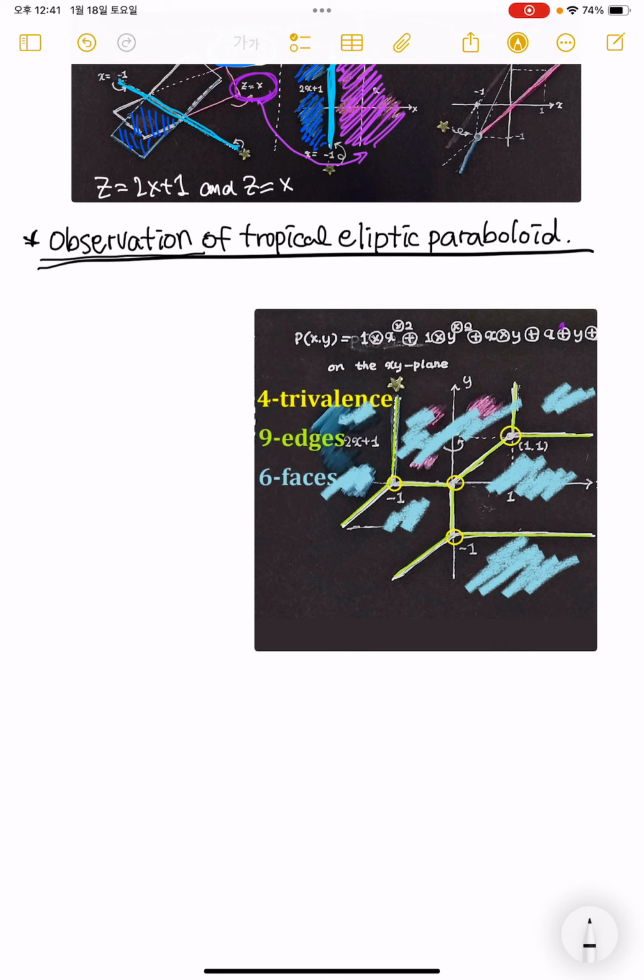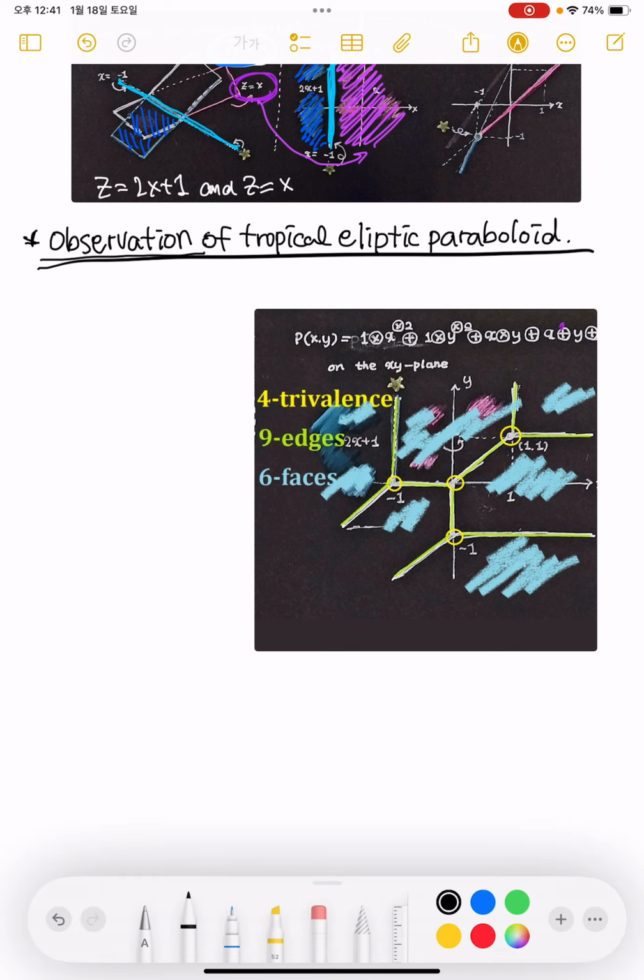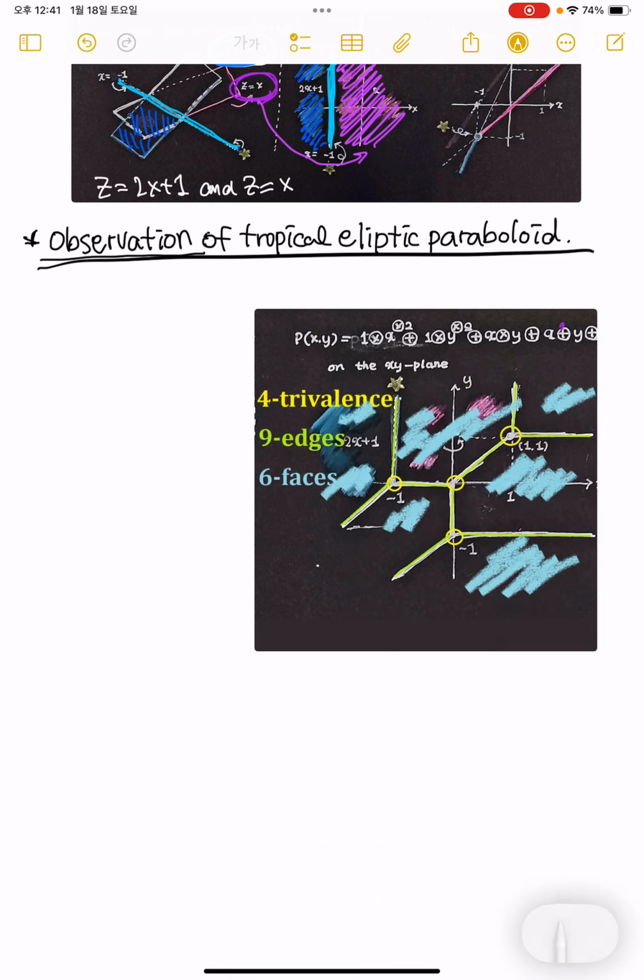And as you know, this line is an intersection point, okay?